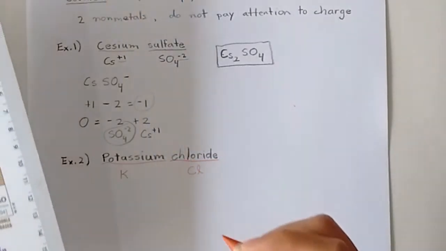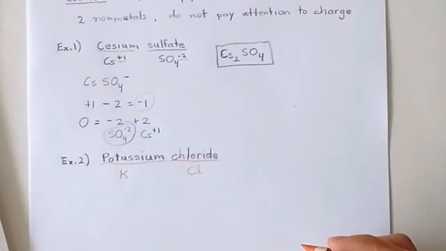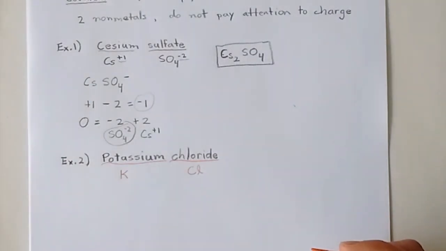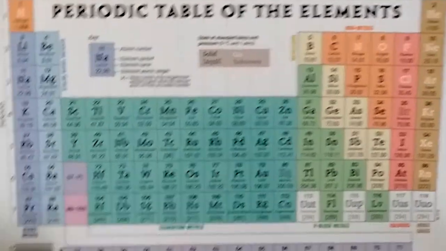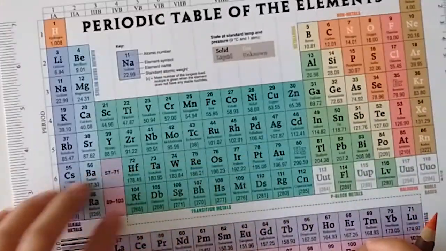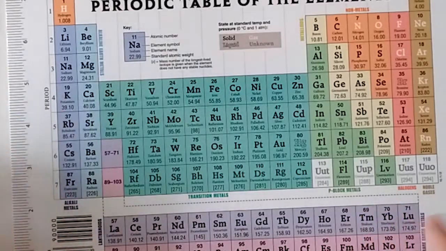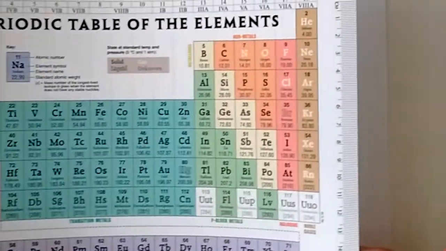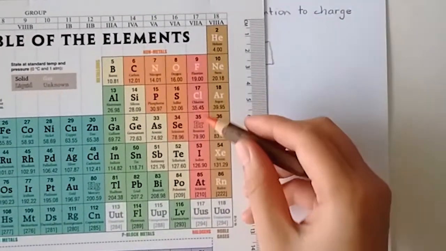Now, we identify which types of elements are potassium and chlorine. Are they two nonmetals, or are they a metal and a nonmetal? So we know that the metals are here, right? And we know that potassium is going to be a metal, so we have one metal, and we know that chlorine is a nonmetal.